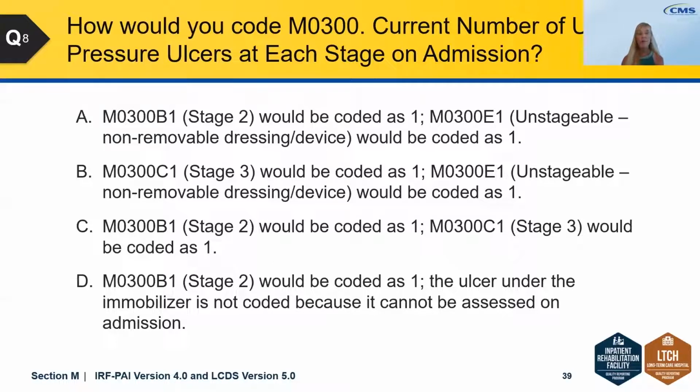Would it be C, MO300B1, stage 2 is coded as 1, and MO300C1, stage 3 is coded as a 1, or D, MO300B1, stage 2 coded as a 1, and the ulcer under the immobilizer is not coded because it could not be assessed on admission. So please enter your answer into the polling app.